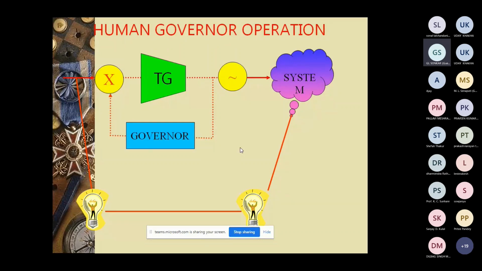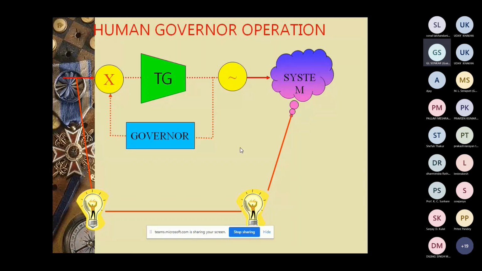Suppose you are entering the powerhouse. If the frequency goes down, you have to increase the megawatt. If your voltage goes down, you have to increase the reactive power or the excitation up to your limit. What limit do you have to increase to? It is not that you increase without bound; if your limit is defined for a generator, up to that megawatt, up to that MVAR, you have to increase.